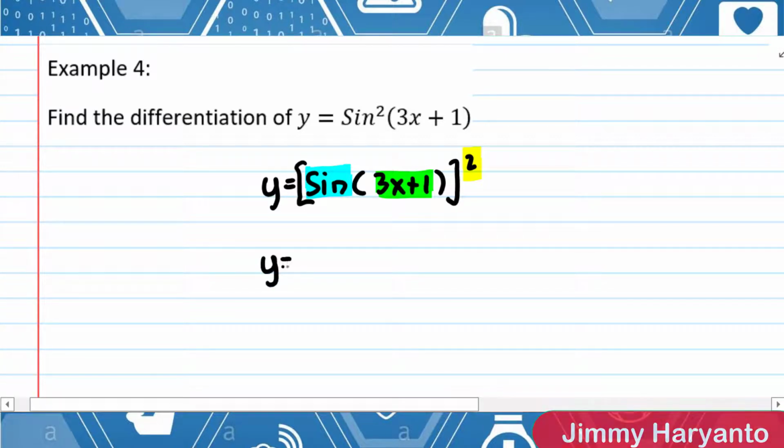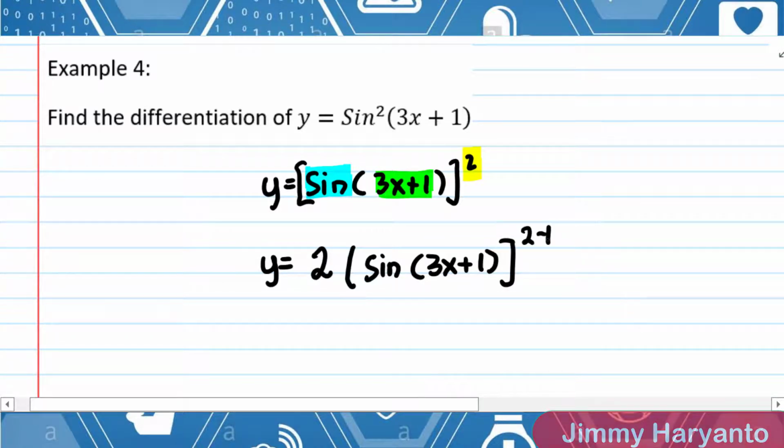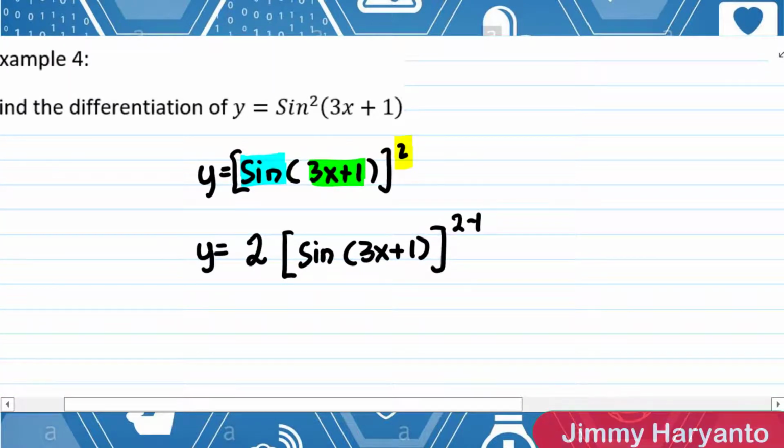Okay, the first chain rule is move the powers to the front. 2 times sine 3x plus 1 to the power of 2 minus 1. Okay, remember the rules of powers. Powers move to the front, and then minus the powers with 1. After that, do not forget we have two inner functions. Times it with the differentiation of the first inner function, which is sine.